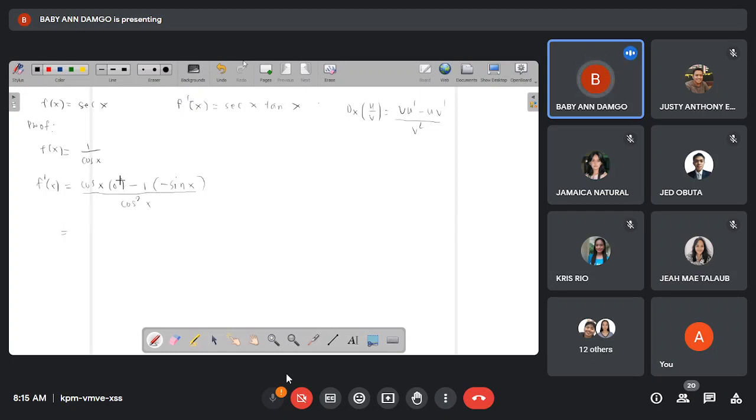Okay, so simplify. This is sine x all over cosine squared x.